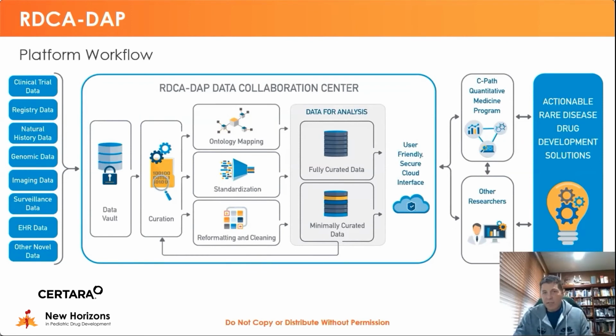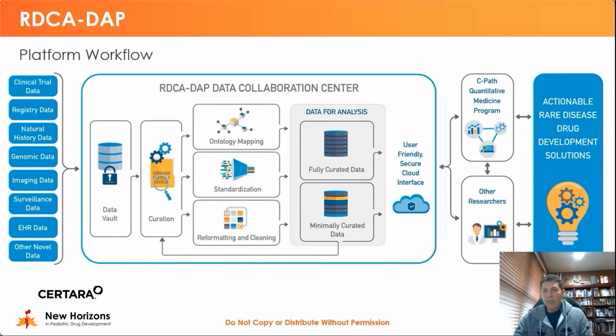A lot of the ontology mapping, standardization, as well as reformatting and cleaning is done by a combination of the platform itself, in addition to our experienced data scientists. And eventually, as in the previous diagram, we are providing data in an analysis-ready format such that it can be used with good confidence and high fidelity to build tools to accelerate rare disease drug development.